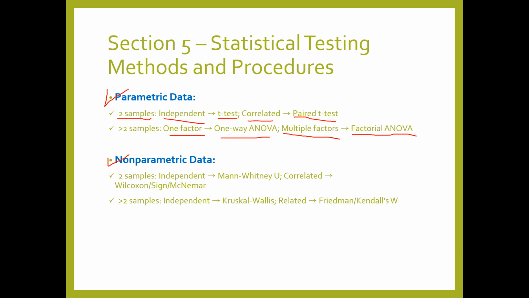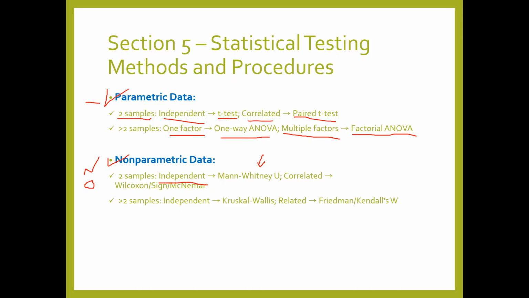On the other side is non-parametric data. So it's a guideline here. If it is two samples and independent, you use the Mann-Whitney U. I think in hospitals, in medicine, they use the Mann-Whitney U a lot. Remember this is called non-parametric data. Normally we focus on NO, nominal and ordinal.